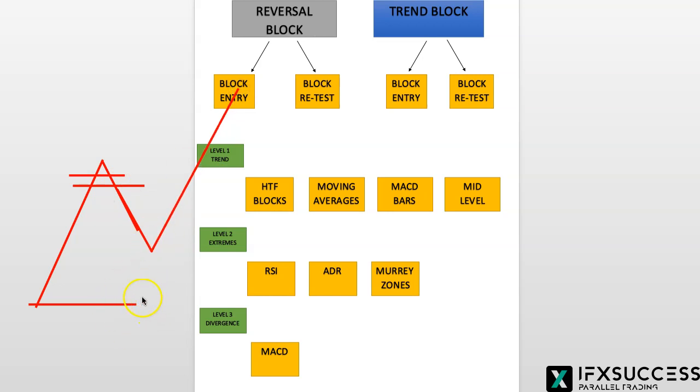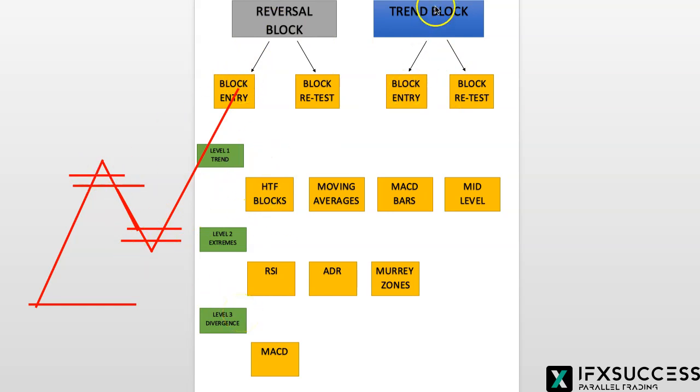So it didn't reach your target, and it doesn't mean that it didn't work out. It worked out for a little bit. Unfortunately, it didn't reach your target. That's one of the things that you really need to think about. I call them peaks. We're looking for peak formations, and this is where we try to enter. So we can get another block over here, get out, and enter on this block right here. That's pretty much what I mean when I say we can trade block entries only without any other filters.